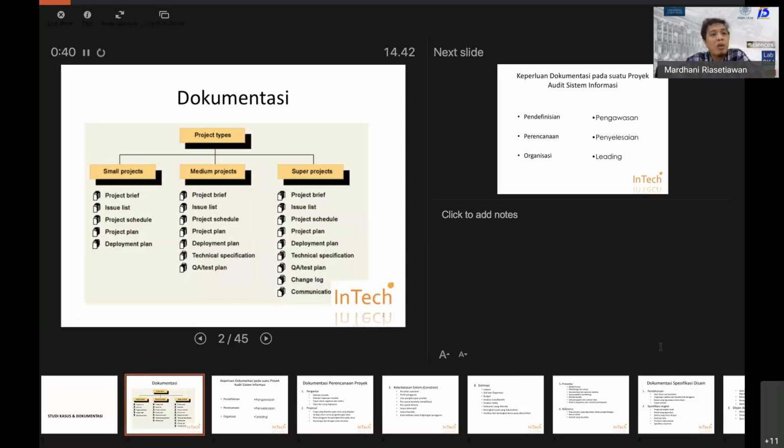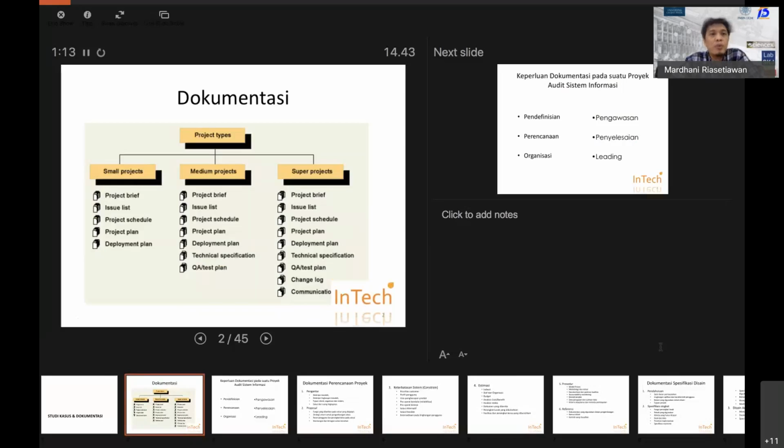We call it a small project when it's necessary to implement the information system in a very restricted or limited scope. The medium one is not very large, but it's very significant for the organization. And the last is of course the big project or super project, which will be more complicated and deeper in the issues of implementing the information system.